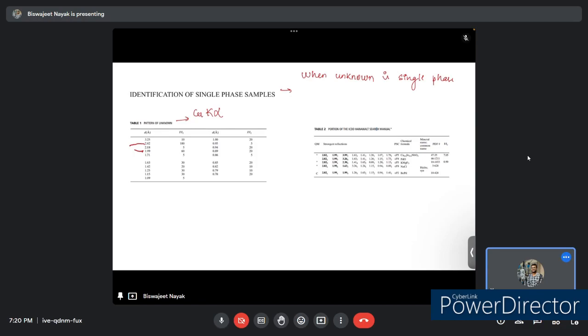Here the experimental values of D's and I by I1's are written. The experimental values of D1, D2 and D3 are respectively 2.8, 1.99 and 1.63.